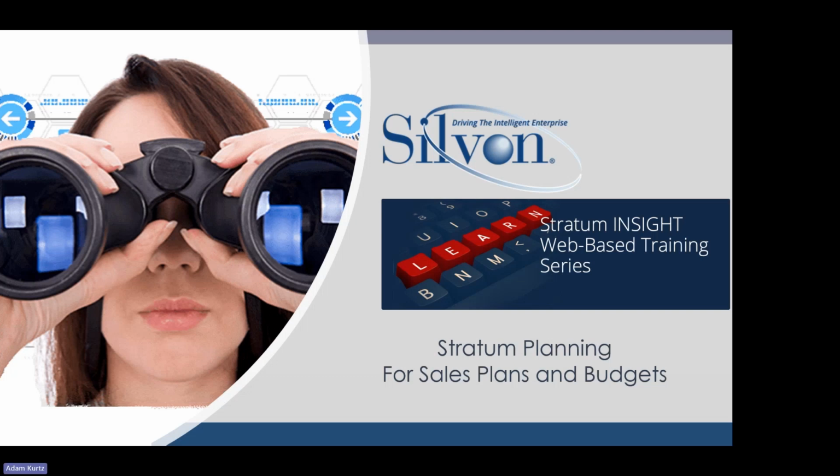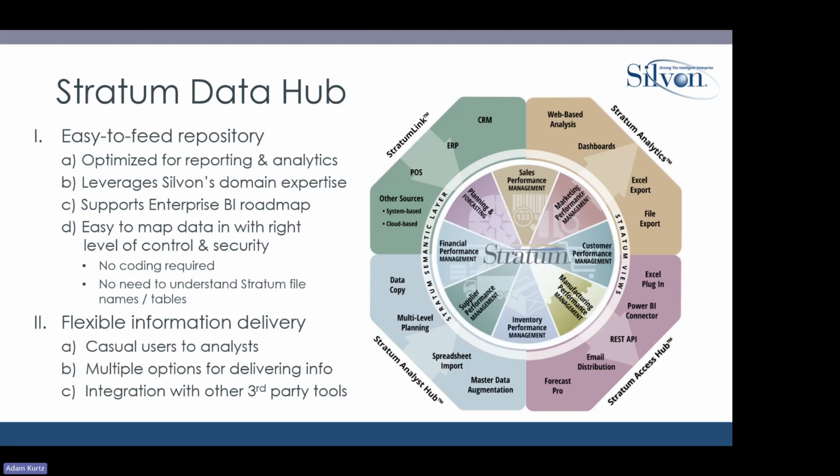Today, we'll be focusing in on the Analyst Hub part of Stratum, and we'll be talking about this concept here of using multi-level planning. We'll take a look at the data copy utility as well, because that kind of goes hand in hand with the concept of using planning to allow the users to make changes to forecast or budgets or plans.